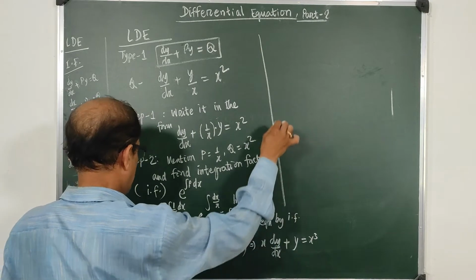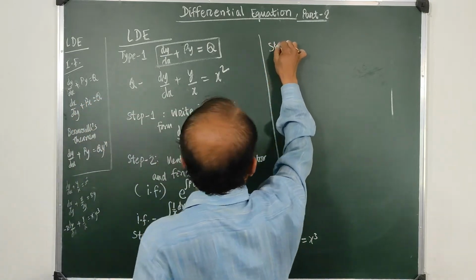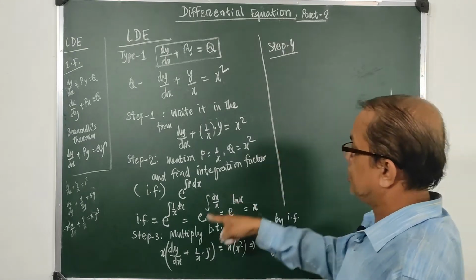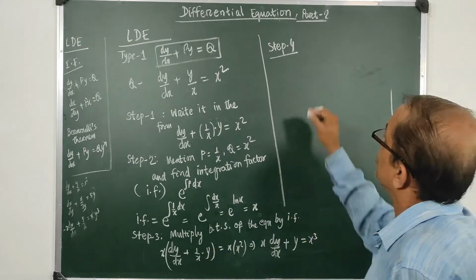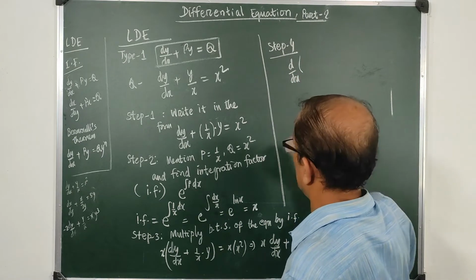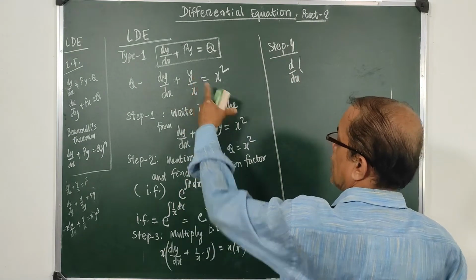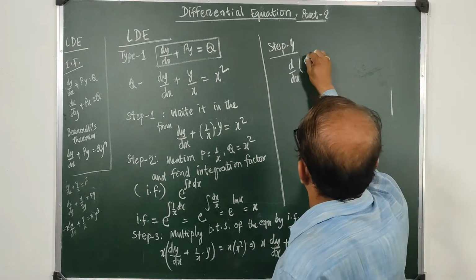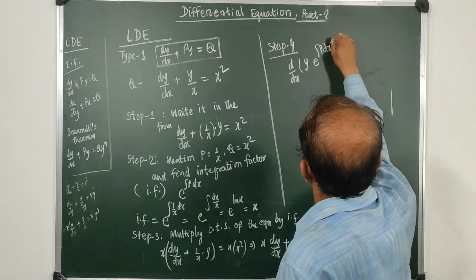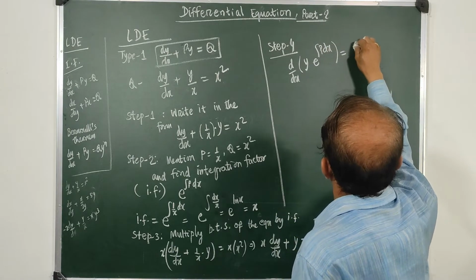Then comes step 4. In this step you have to see that the left part is in this form, d by dx of y times the IF factor, y e to the power integral p dx, is equal to q.